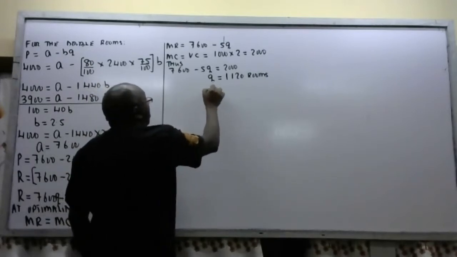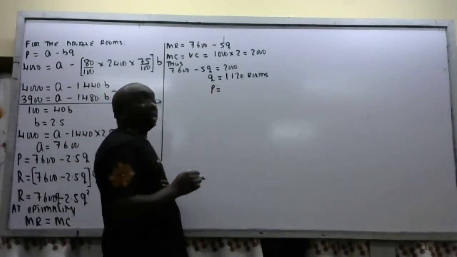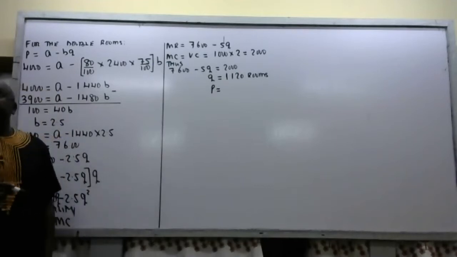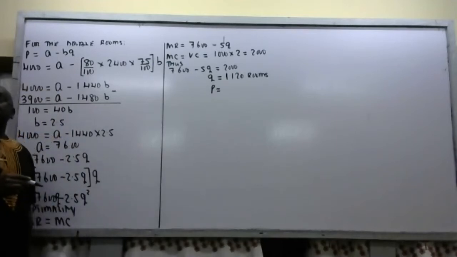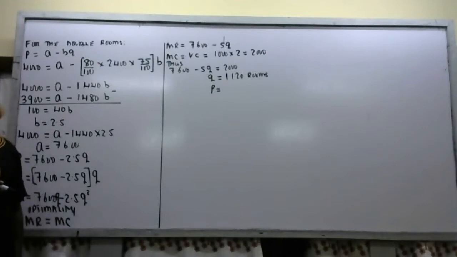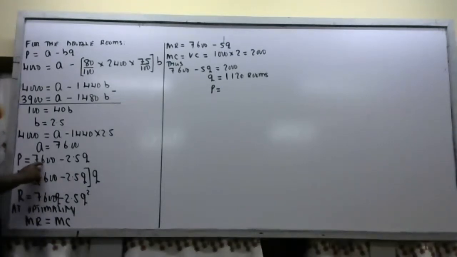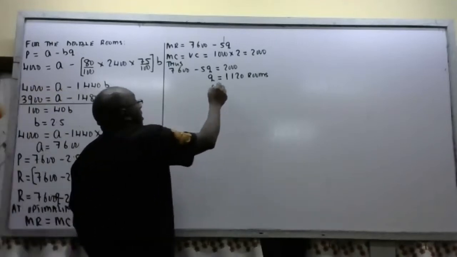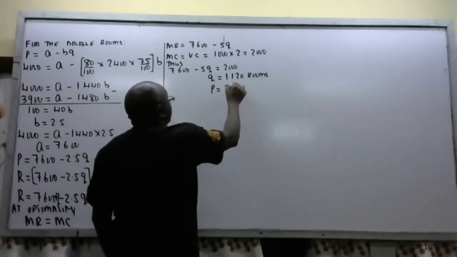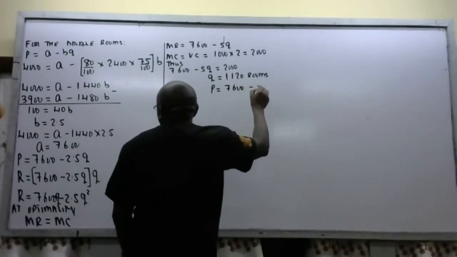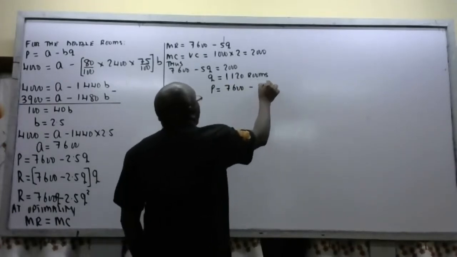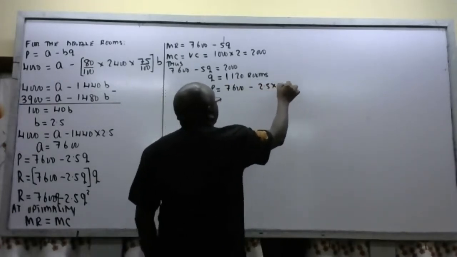Then at that point, you now get the price by substituting that value in this equation, the price equation. So you substitute Q there. You put 7,600 minus 2.5 times 1120.